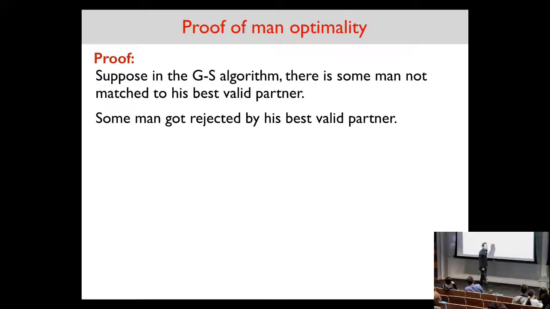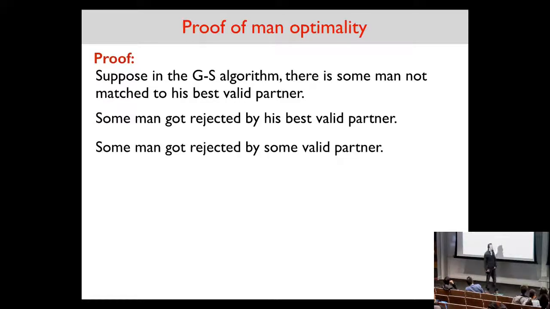So that means that some man got rejected by his best valid partner. But you can weaken that and say some man got rejected by some valid partner in this algorithm, because a best valid partner is a valid partner also. So some man got rejected by some valid partner during this algorithm.